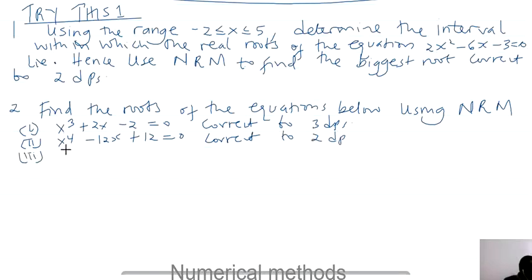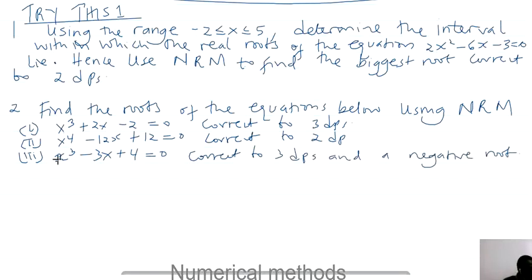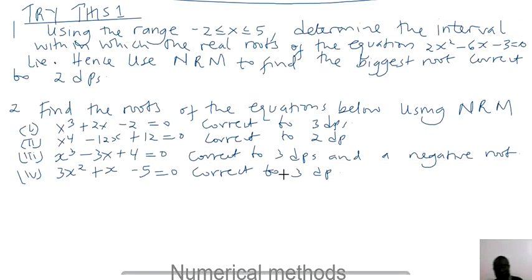Roman numeral 3, x power 3 minus 3x plus 4 equal to 0, correct to 3 dps, and the negative root. So that one is very specific. Roman numeral 4, 3x power 2 plus x minus 5 equal to 0, correct to 3 dps. So this is our trial numbers.